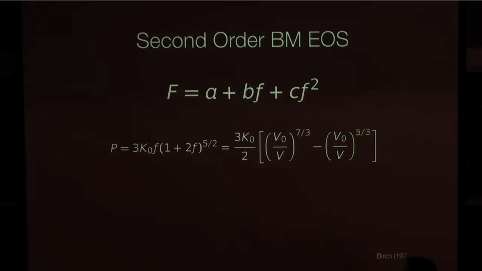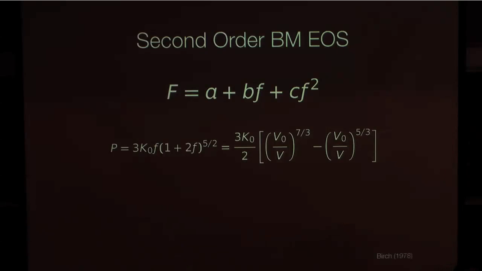Now, the second order Birch-Murnaghan equation. It's simple. You truncate it after the second term, and you do the simple math until you figure out the coefficients and their relationship with physical parameters that we know for boundary conditions. For example, at 1 bar, strain energy goes to 0.